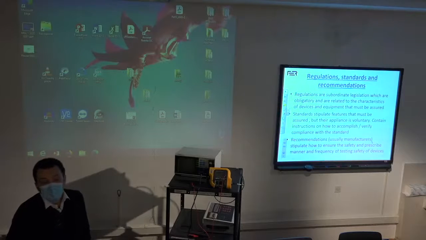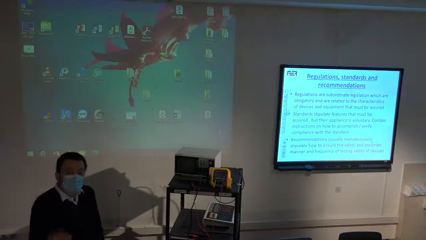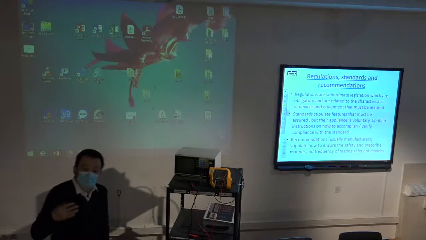So that is a very constructive, so to say, step, because since it is referred to the standards, you always know when the standard will change.